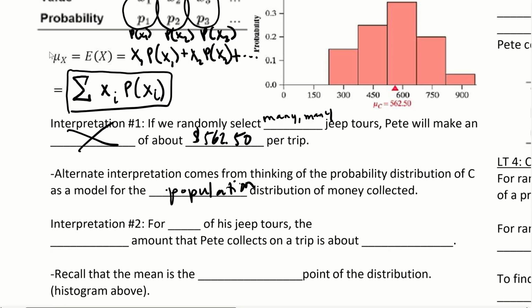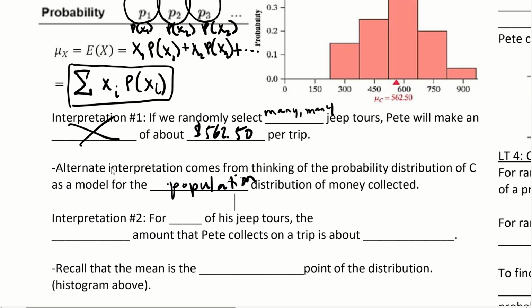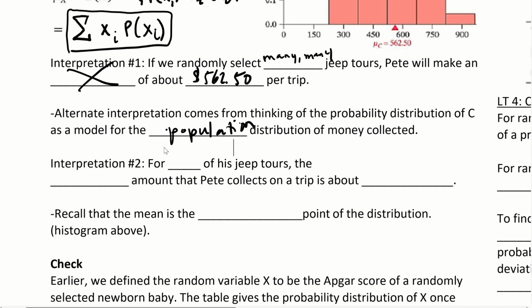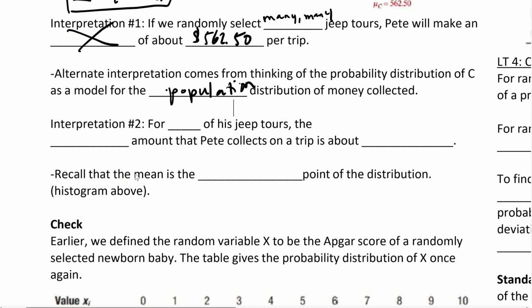So the reason why we use mu is because we think of the probability distribution as a population, not a sample. And so if we think about it that way, we can interpret it as follows. For all of the Jeep Tours, the average amount of money that P collects on a trip is about $562.50. So either one is appropriate.